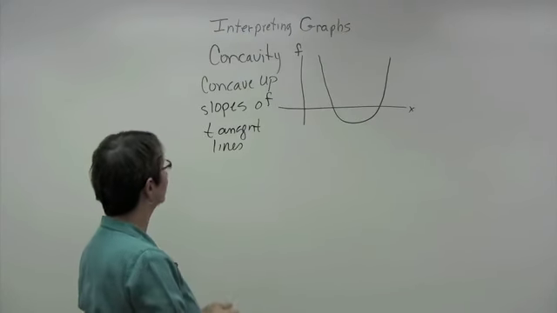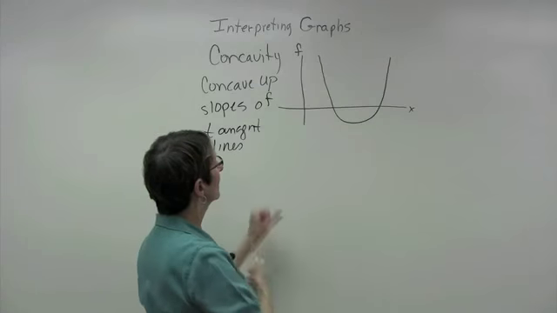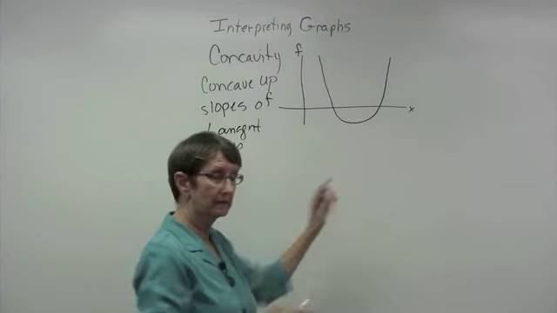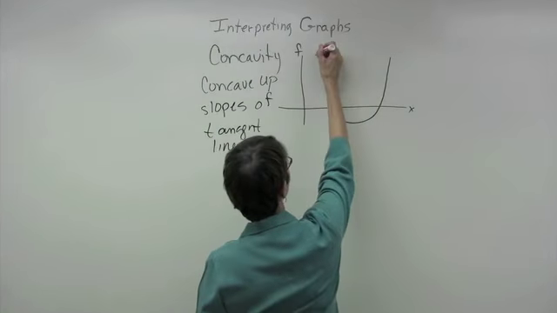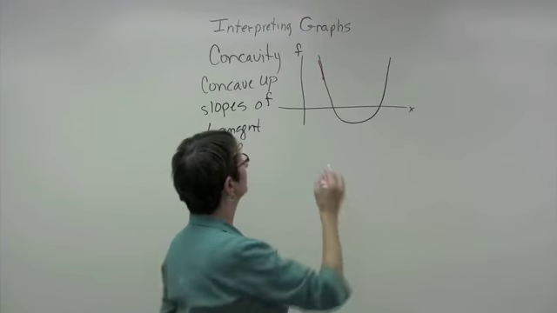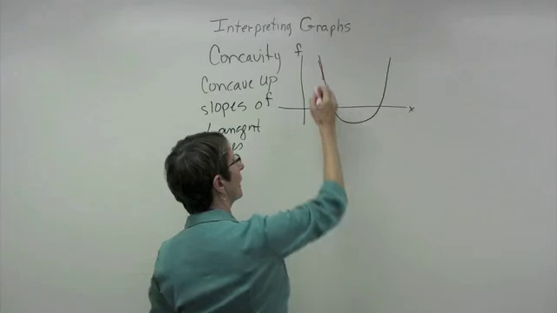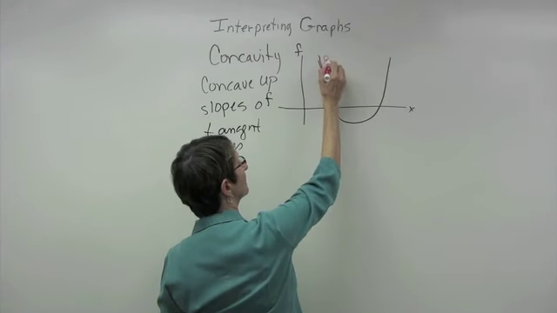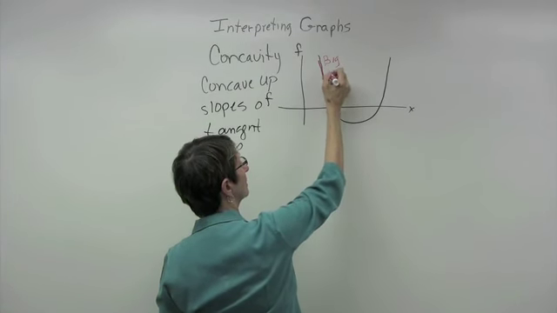So the slopes here, remember we read left to right, so if I think about the tangent line right here, it's negative and it's pretty steep. So I would say this is a big negative number.